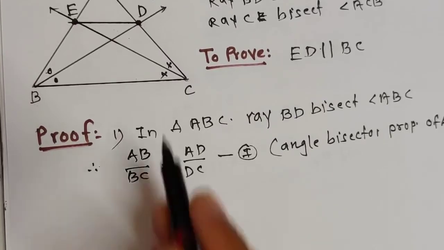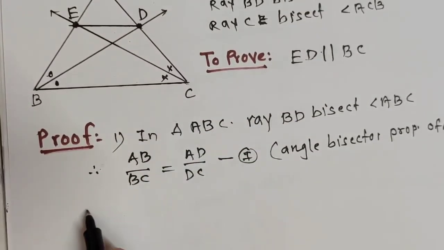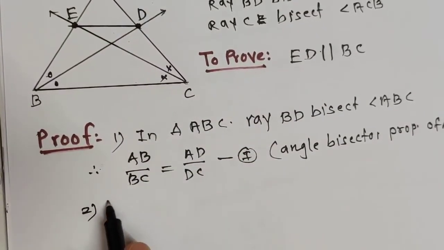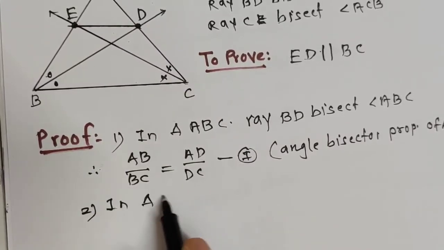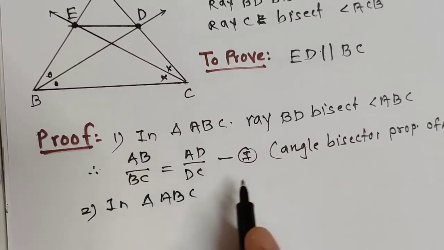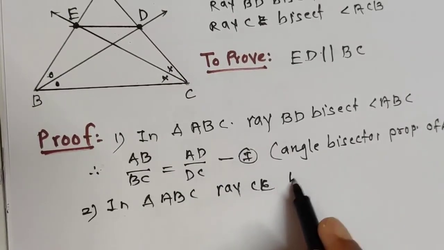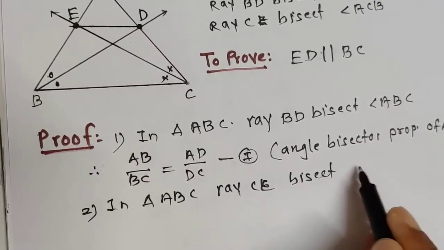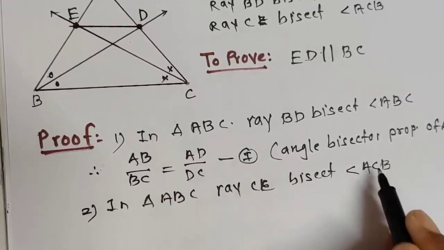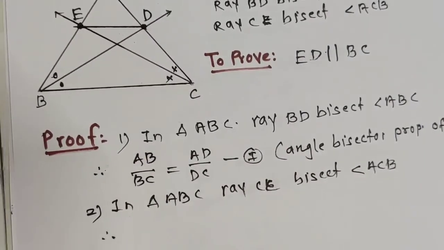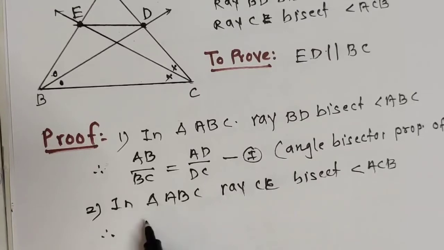Now use the same property for angle C. Second step, in triangle ABC, what is given? Ray CE bisects angle ACB. Therefore, by angle bisector property, what we can write?